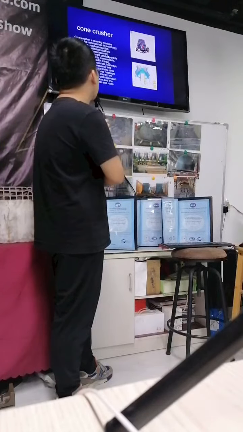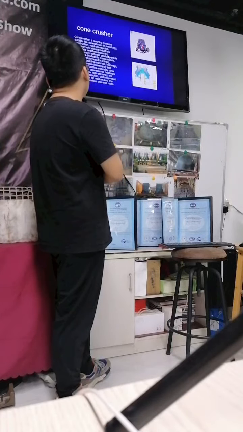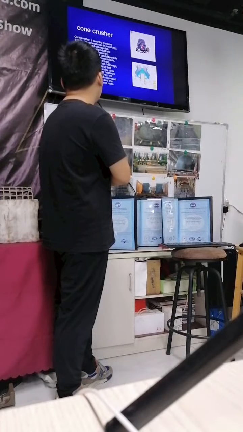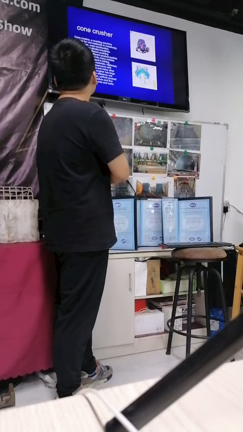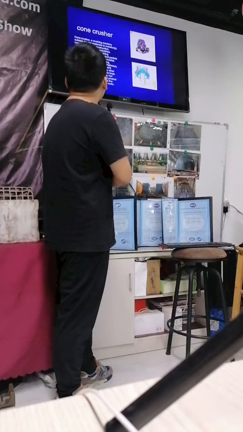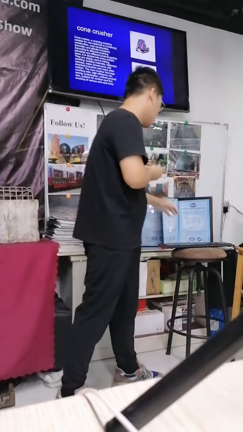The cone crusher has a large crushing ratio, high efficiency, low energy consumption, and uniform product size, suitable for medium and fine crushing.